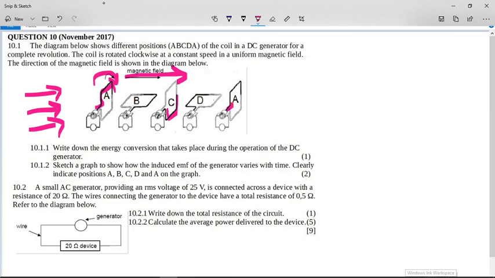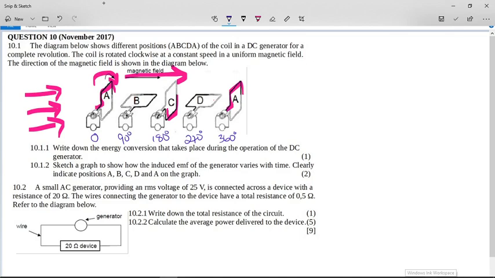Okay, and then in a full revolution, the top dark side of the coil has come back to its position where it started from. So it's a full 360-degree revolution. So here is 0, here is 90 degrees, 180, 270, 360, one full revolution.